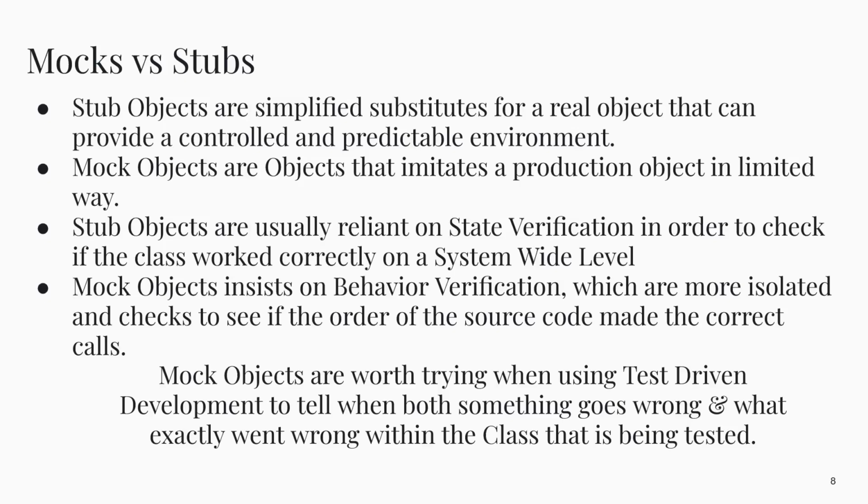Now, this is in contrast to mock objects, which insist on behavior verification, which are more isolated, and they actually check to see if the order of the source code made the correct calls. So, in our car analogy, this would be like making sure that the car has fuel.